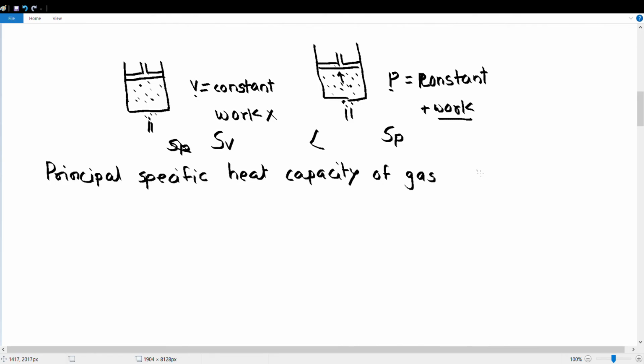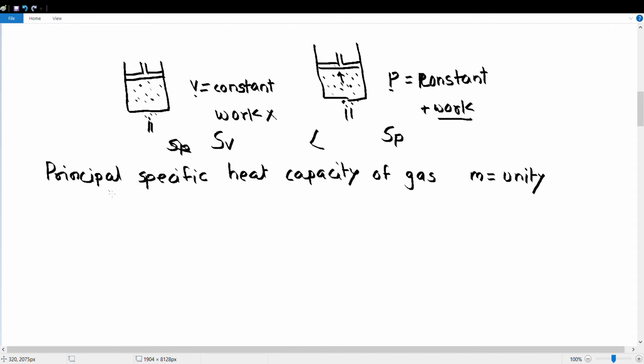When the mass is unity, it is known as the principal specific heat capacity, and when the mass is equal to 1 mole, that is known as molar specific heat capacity. We will see the principal specific heat capacity and the molar specific heat capacity one by one.